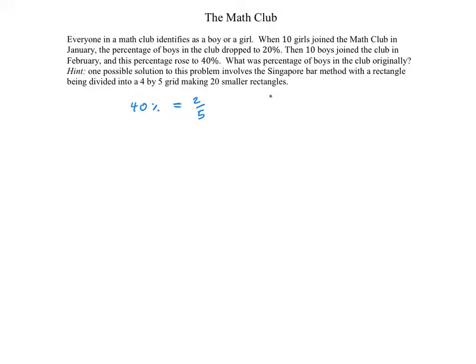So 20% boys and 80% girls, that's 1/4. This is where dividing up by 5 and dividing up by 4 are coming from. I'm sure you could draw other grids and pictures to help you out, but 20 is a good start. So let's open with that.